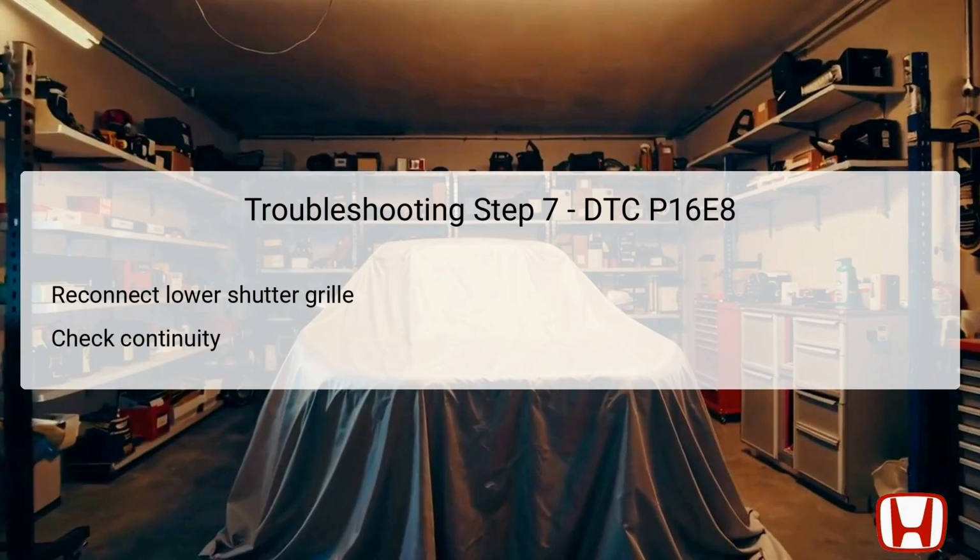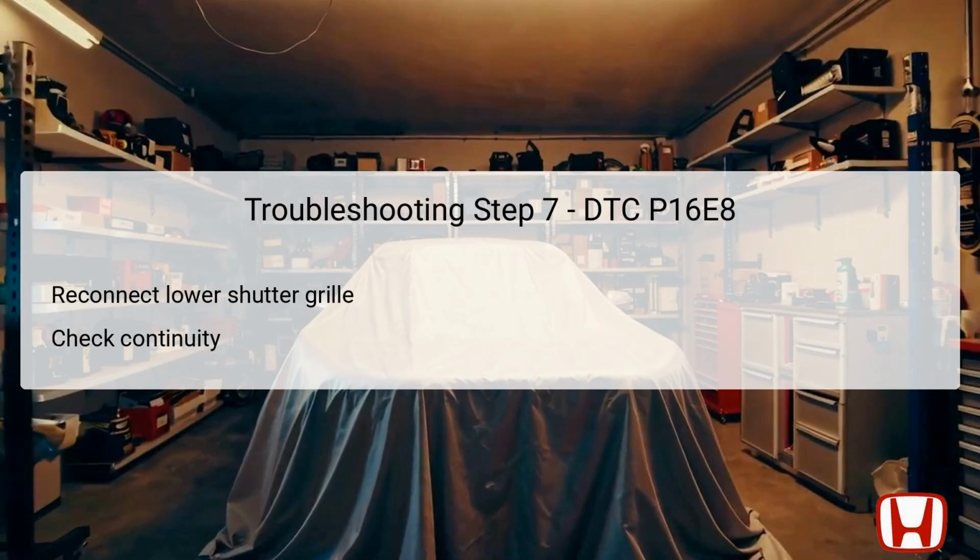In the 7th step, following the previous continuity tests, the technician reconnects the shutter grille's lower 4P connector to allow for further diagnostics. Next, the technician will repeat the check for continuity, ensuring that the alternator is still disconnected.